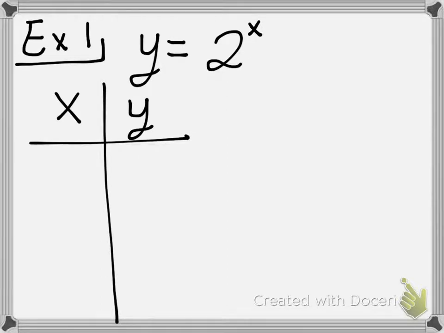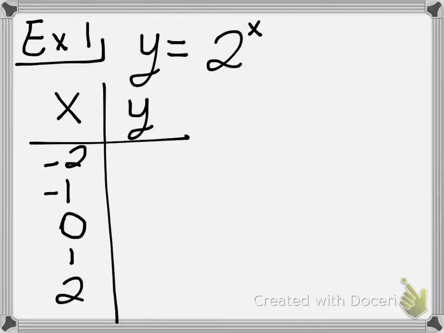Now, on the parent function, we're always going to start with 0, go up a couple numbers, and then down a couple numbers. So, we're going to substitute these x values into the equation and see what we get.